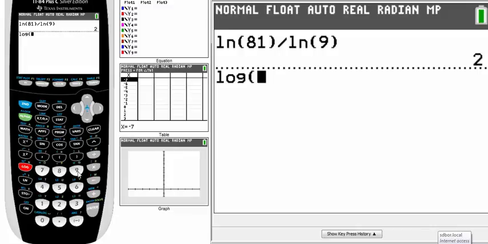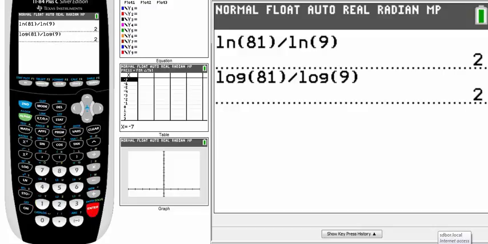So this is my log conversion. Now log of 81 in the numerator over log of 9, and you can see that I get my answer of 2, which is what I expected to get anyway.